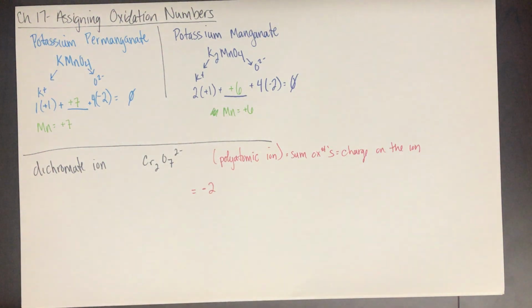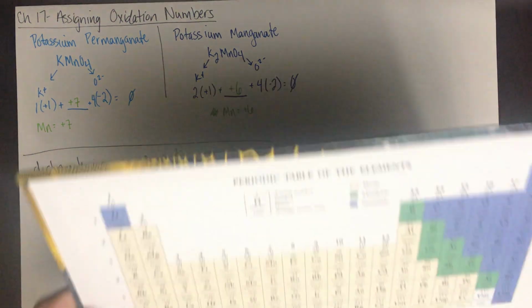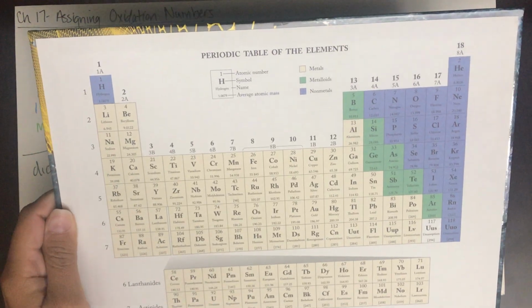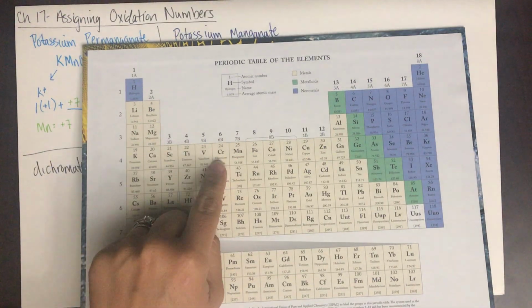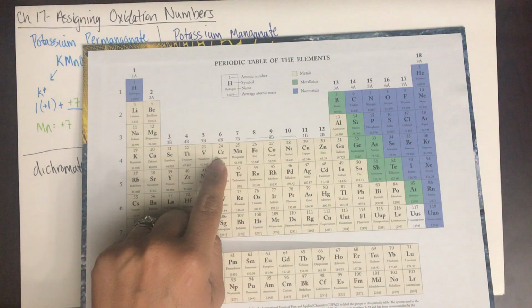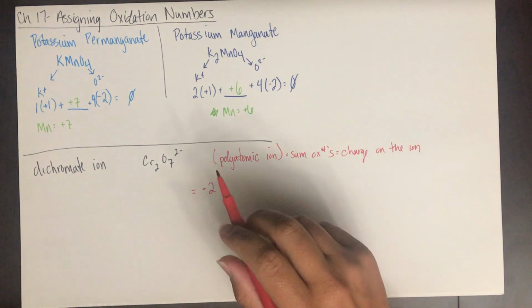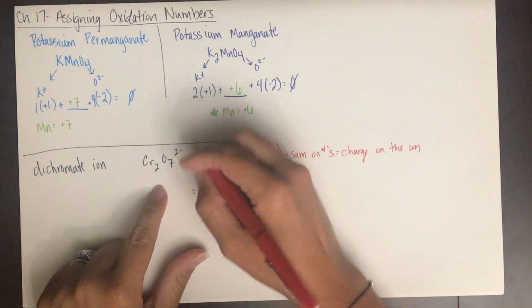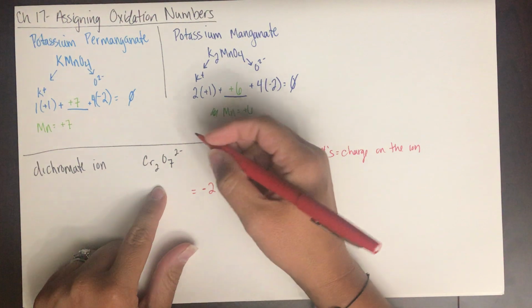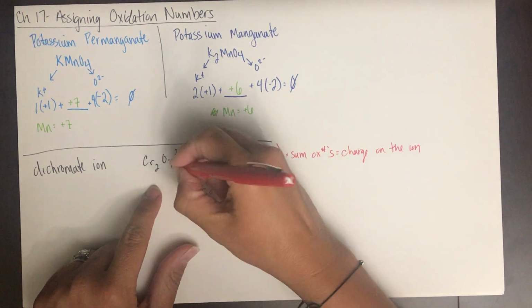Well, chromium is also a transition metal, so it can have multiple ions, which means it can also have multiple oxidation numbers. So I don't know what the oxidation number of chromium is, but I do know what the oxidation number of oxygen is, so I can figure it out that way. So the oxidation number of oxygen is -2.